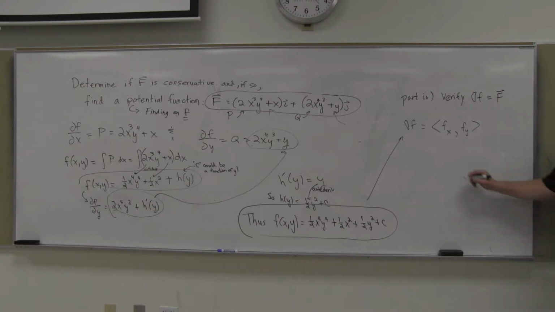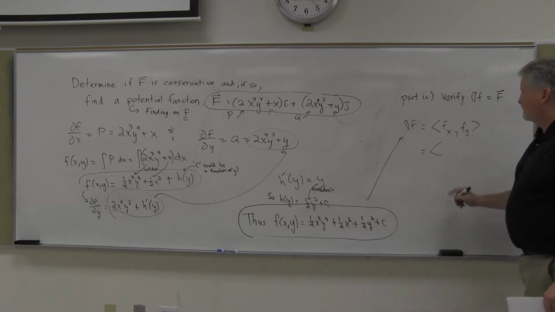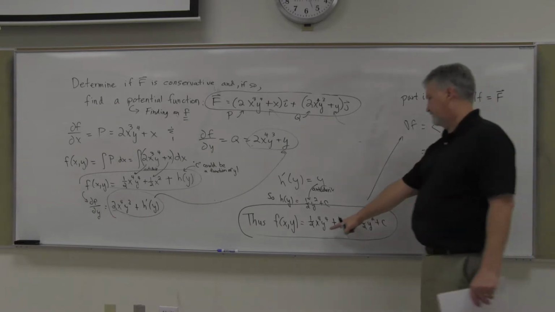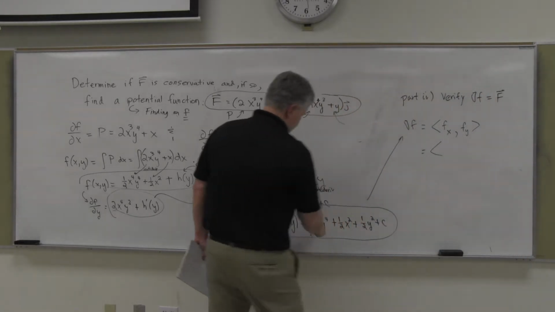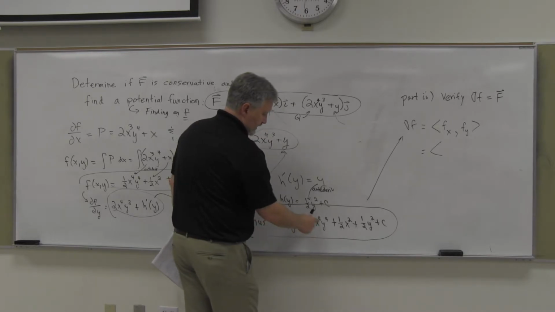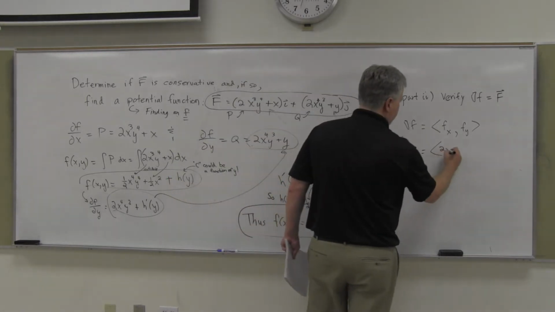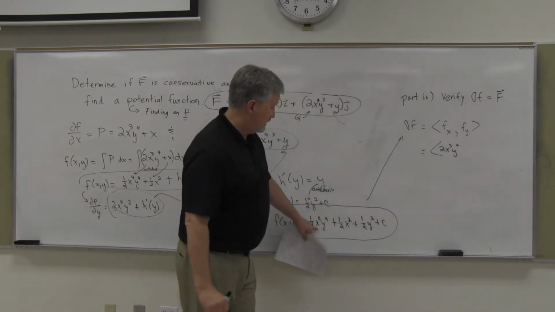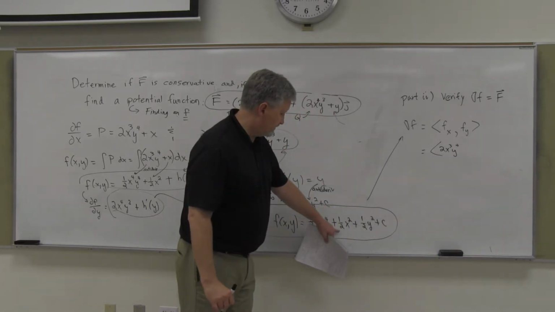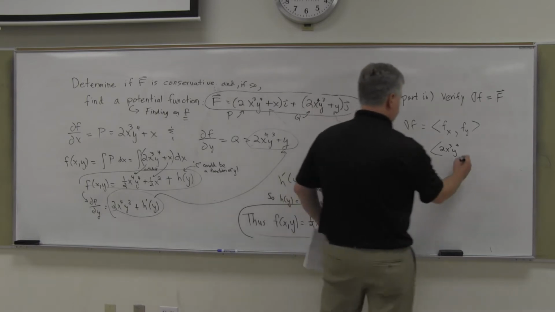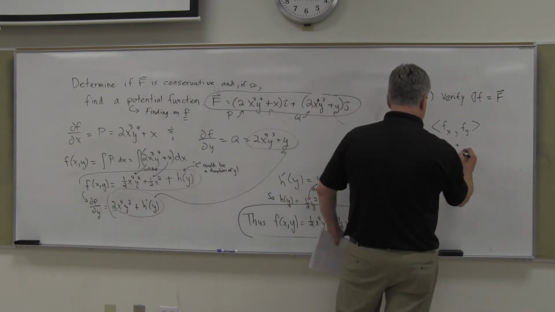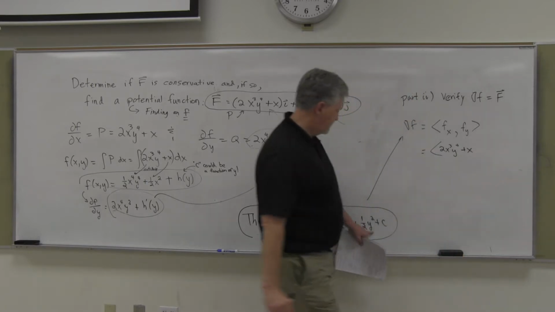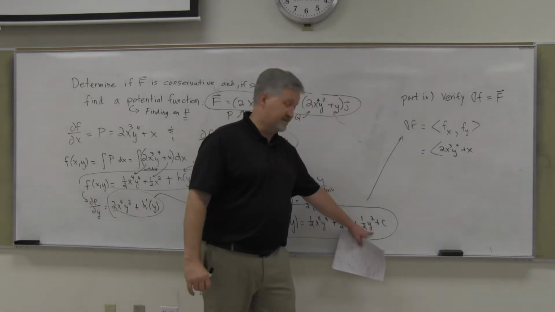What have I got? What's the partial of that with respect to x? Well, bring down the 4, so that'd be 2x cubed y to the 4th. Doing partial with respect to x, that'd be just x. And then with respect to x, that's 0.